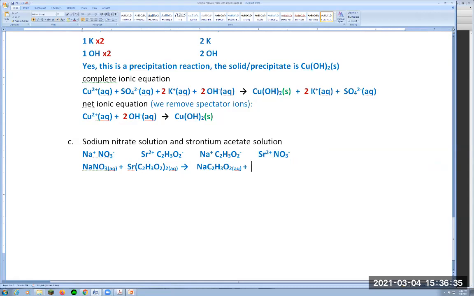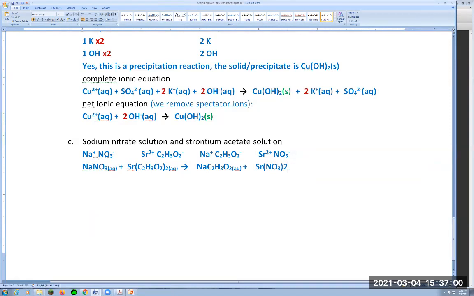So here we will need to use the crisscross trick, and we can see that the one negative charge of the nitrate will make it a subscript of 1 for strontium. And then the 2 from the charge of the strontium means you will need 2 nitrate. So if we need 2 nitrate, then we need parentheses around the nitrate because we have more than 1.